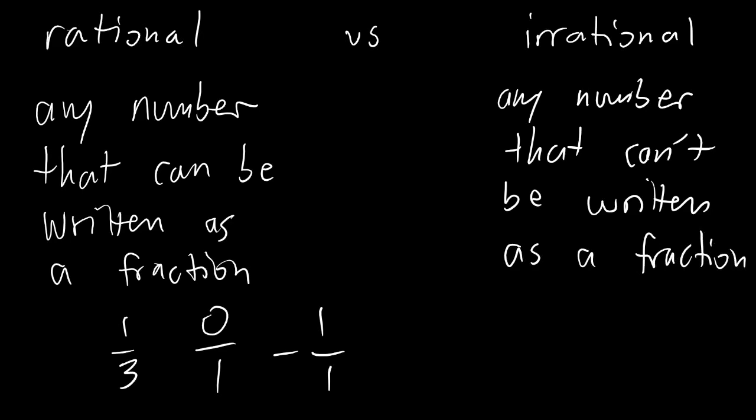So far, the only irrational number that you may have been introduced to is pi. Sure, you might know of some repeating numbers, but most of them can be rational. So, for example, 1/3, again, is rational because it can be written as a fraction, 1 over 3.